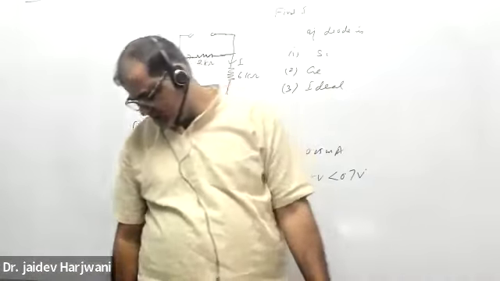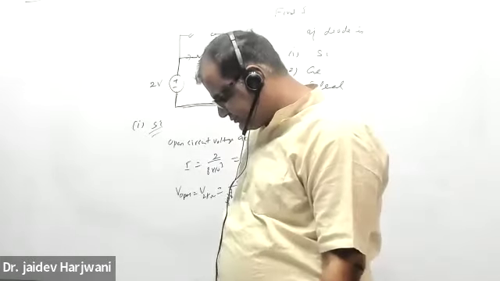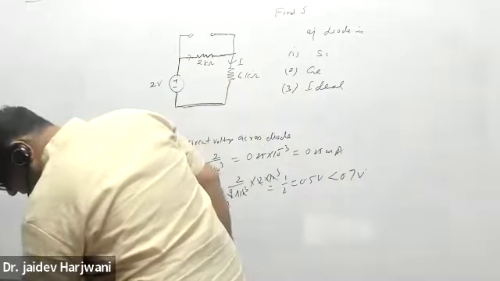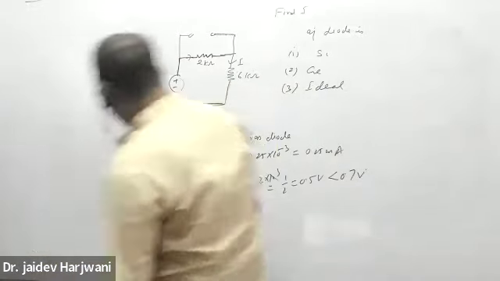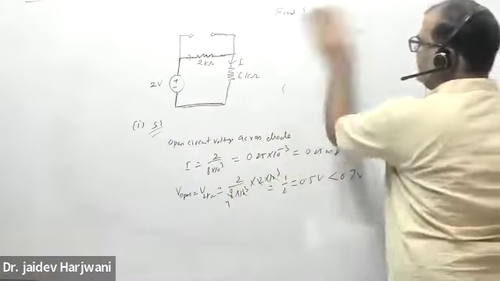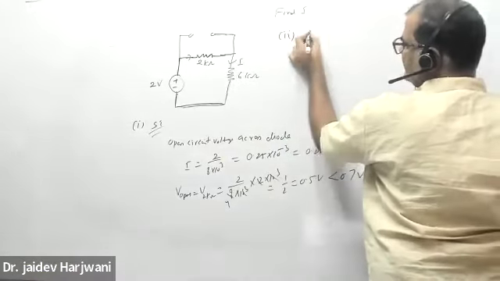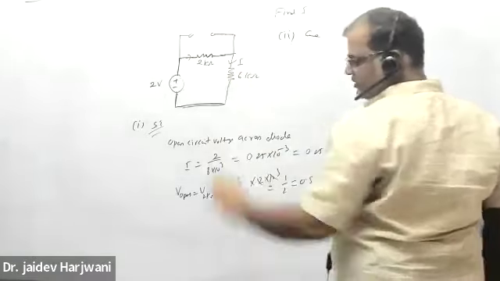The first question is the first answer. In the second case, what will happen? Tell me. Second case, if I replace it by germanium, will it be open or closed?